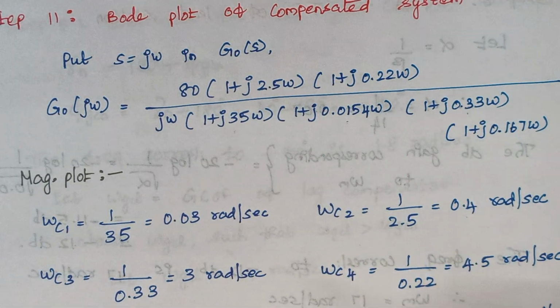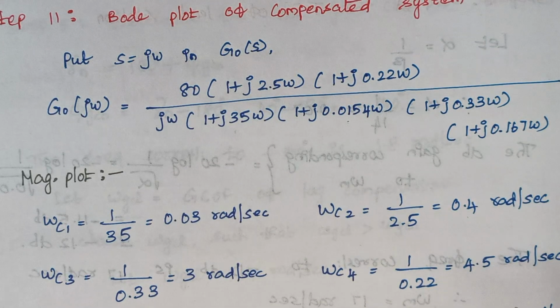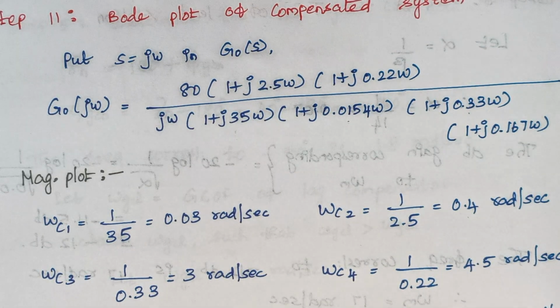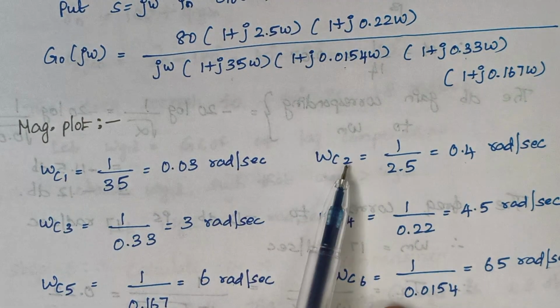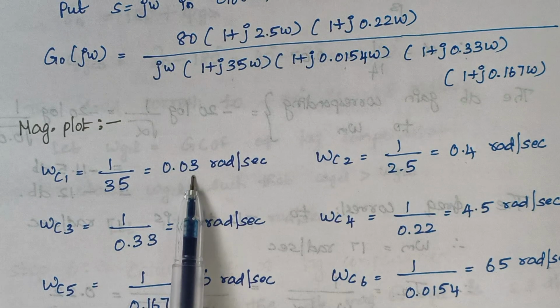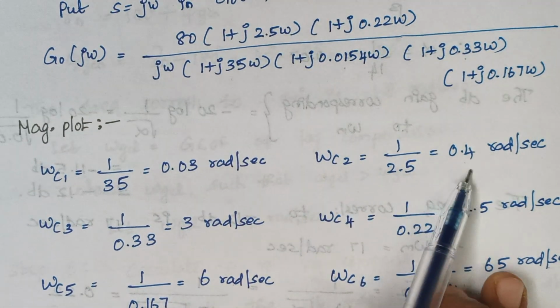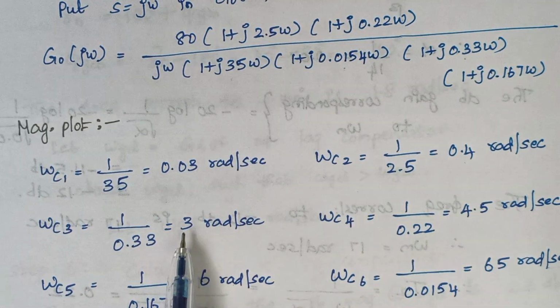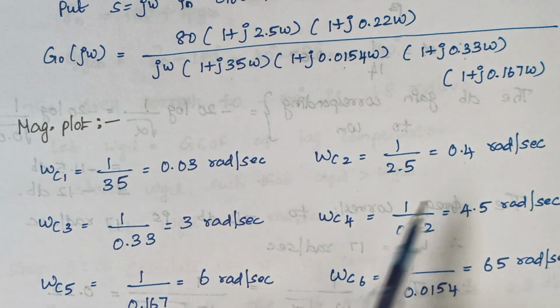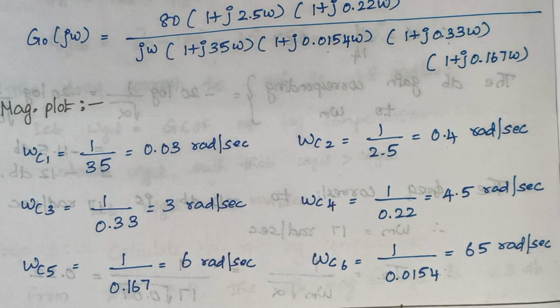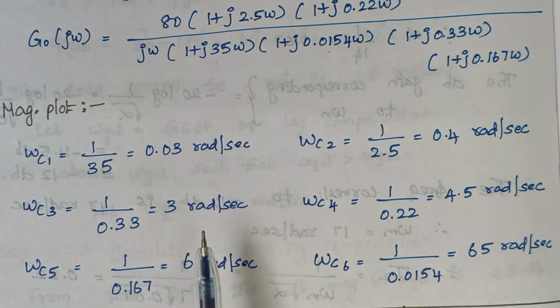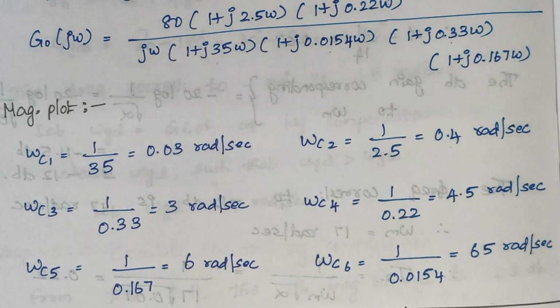So first calculate the values, then arrange them in ascending order and give the values of corner frequencies. The least is 0.03, the next higher value is 0.4, then 3, then 4.5, then 6 and 65. So we give the corner frequencies in ascending order.